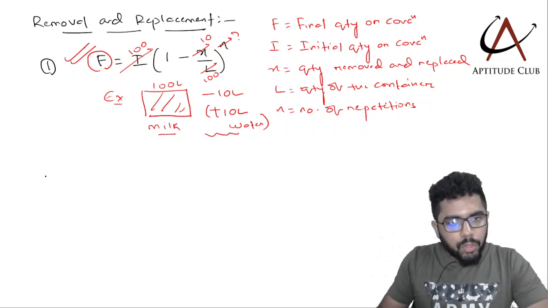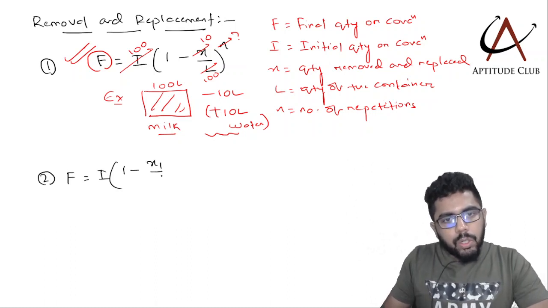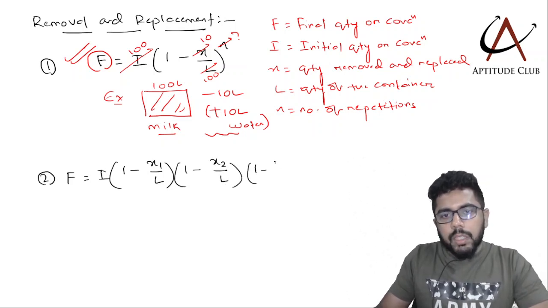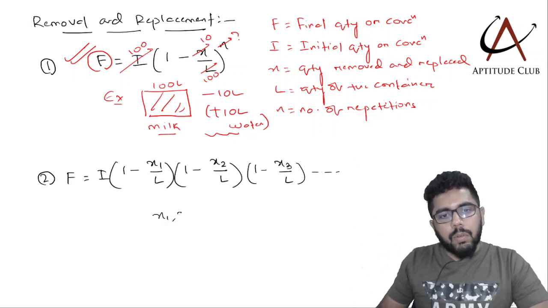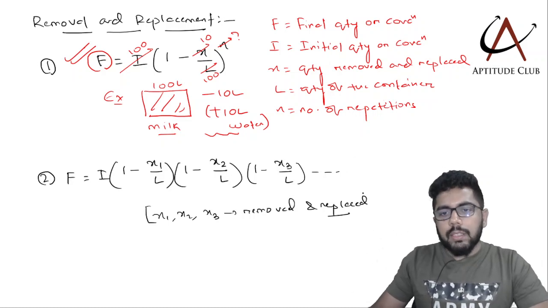So in that case, the formula structure will remain the same. It will just be slightly modified like this: 1 minus x1 by L, 1 minus x2 by L, 1 minus x3 by L, where x1, x2 and x3 are the quantities removed and replaced. Everything else remains.